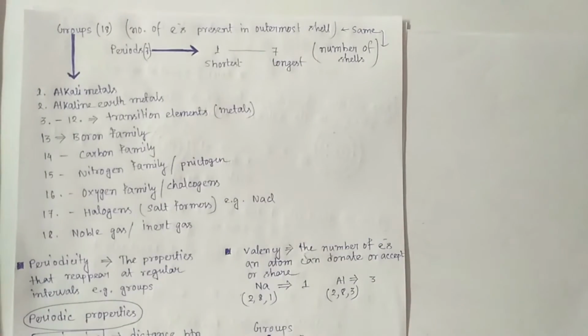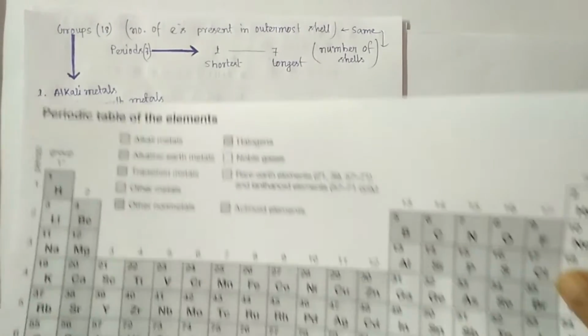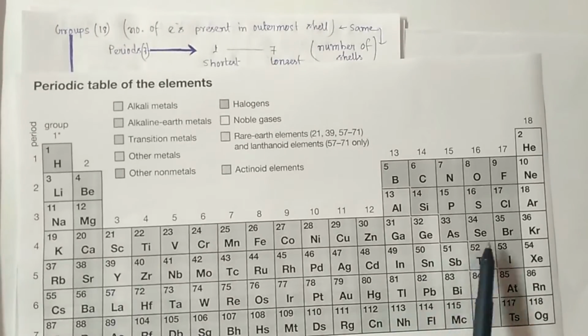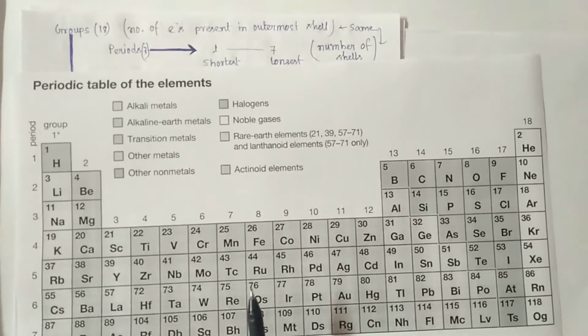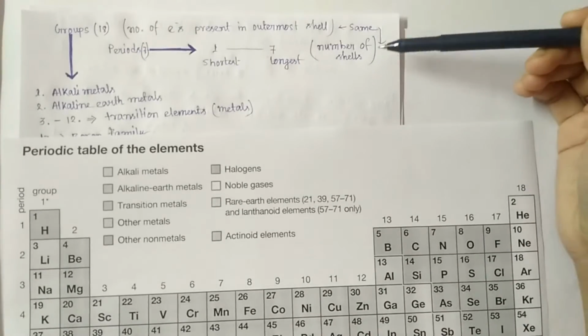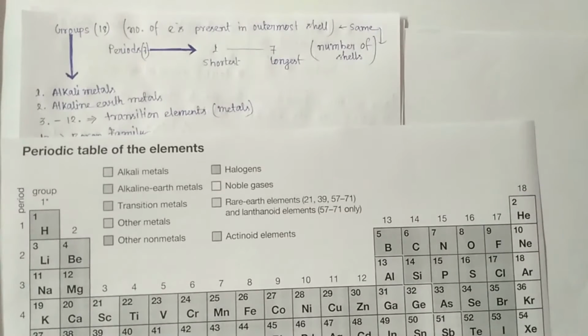So what is a period? A period is the horizontal rows in a periodic table. From the periodic table, the number of shells can be seen. For example, lithium has 2, 1. It has 2 shells, while beryllium, 2, 2, again has 2 shells.